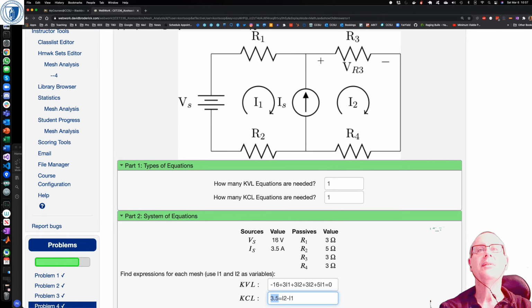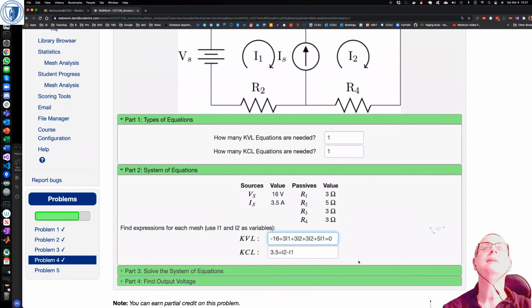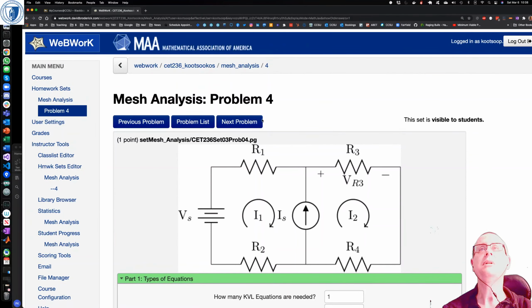And we've got minus 16 volts for our VS. R1 is 3, so that's 3I1. That's R1. And that's R3. Right, VR3. And then also R4. And then R2 is the last one. And that sums to 0. Okay, that should be pretty straightforward.